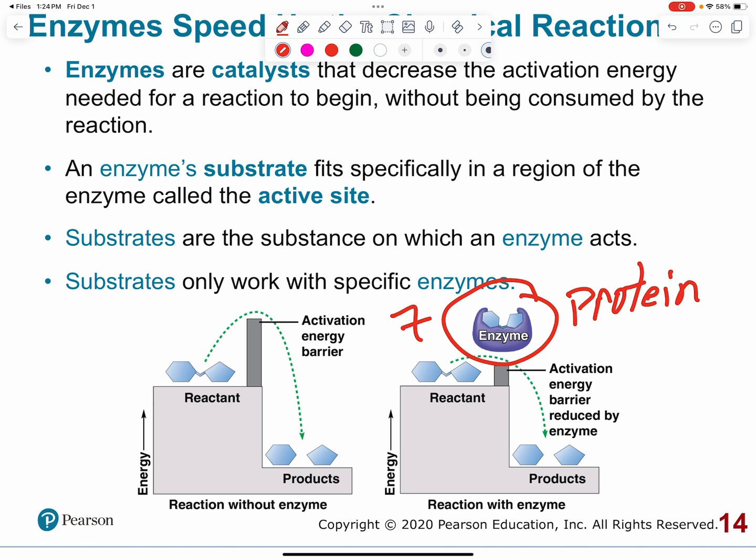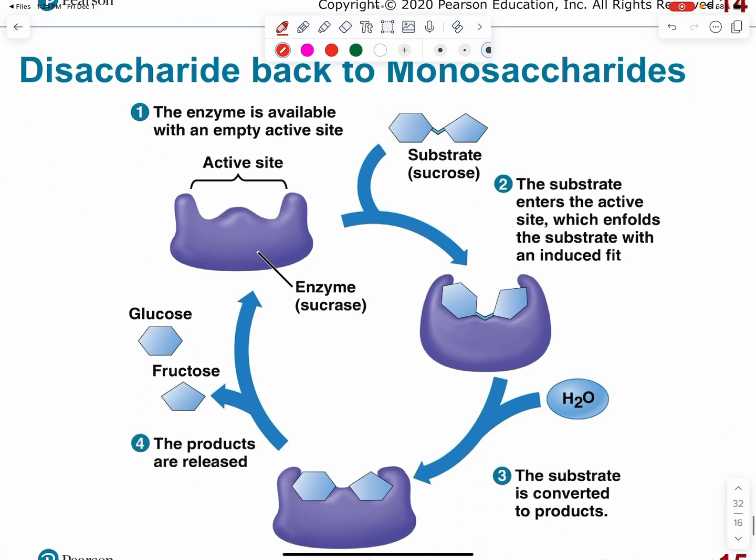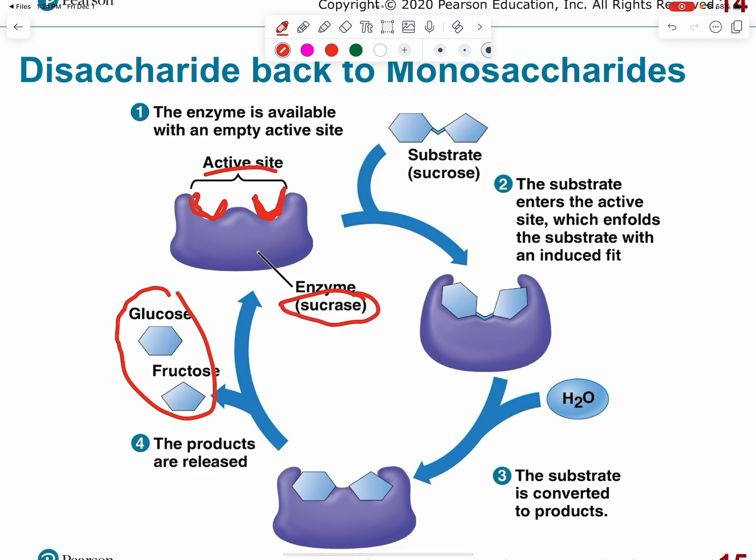And so the terminology for these guys is the location in the protein where the substrate is going to fit is called the active site. The actual molecule, like the sugar, and in this case it was sucrose, this sucrose right here, that is called the substrate, and it fits into the active site.